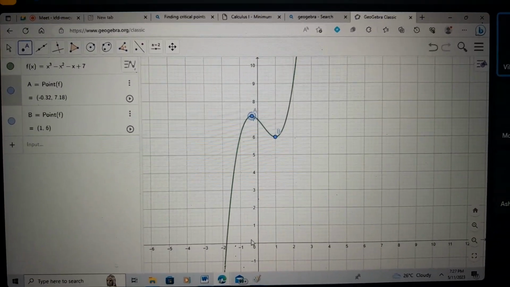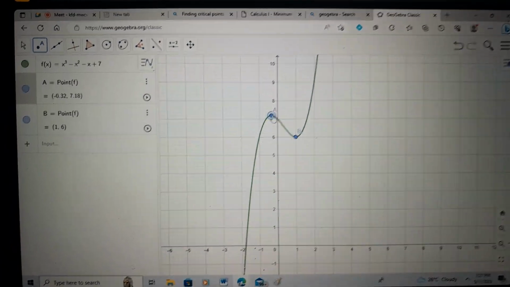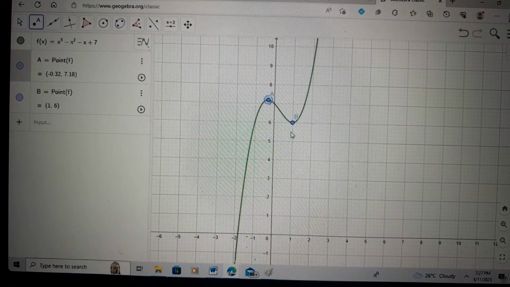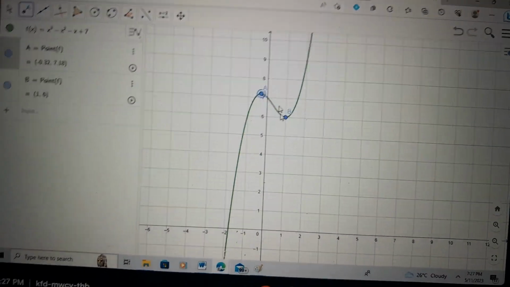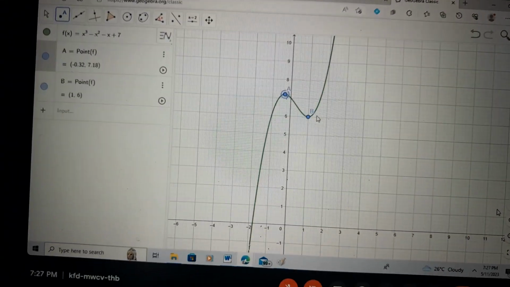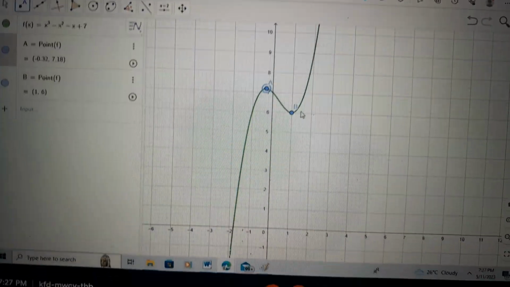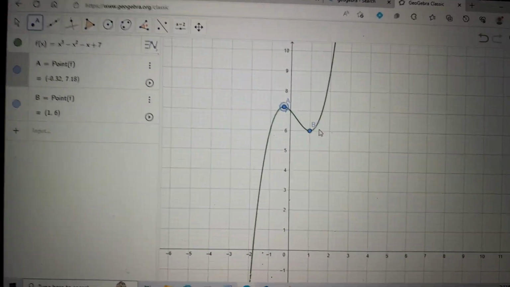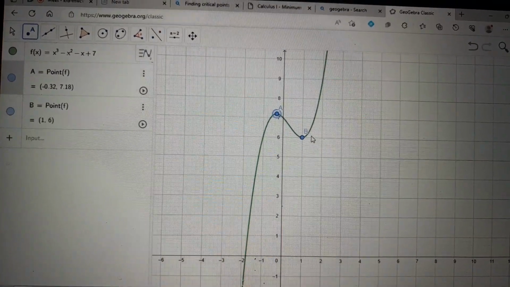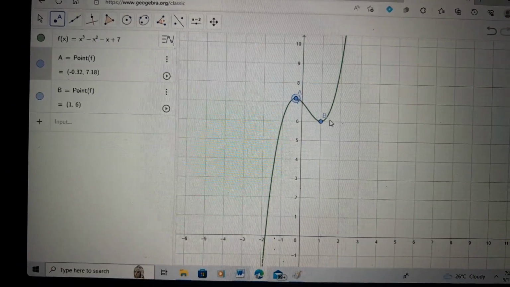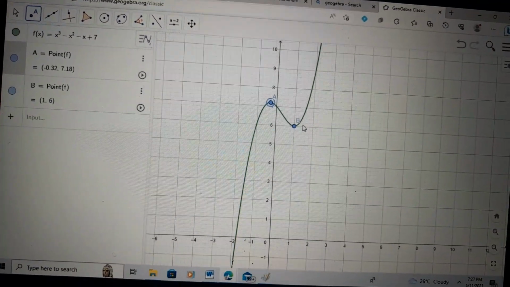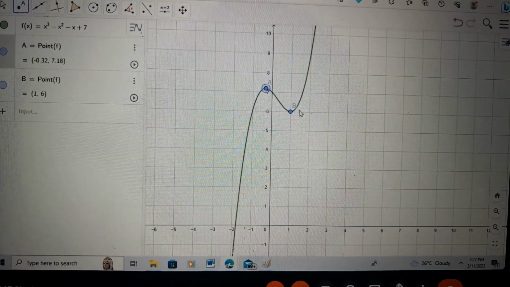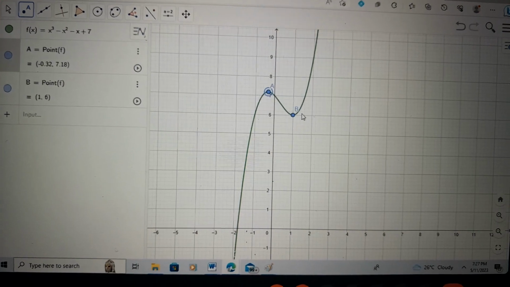Yes, so you can see clearly here at -1/3, it's a maximum, and at +1, it's a minimum. So that's how we determine whether a point is maximum or minimum. That's one of the methods we can use, and the other method is looking at points that come before and points that come after, but that will take up a lot of time. I had discussed this in a previous class.